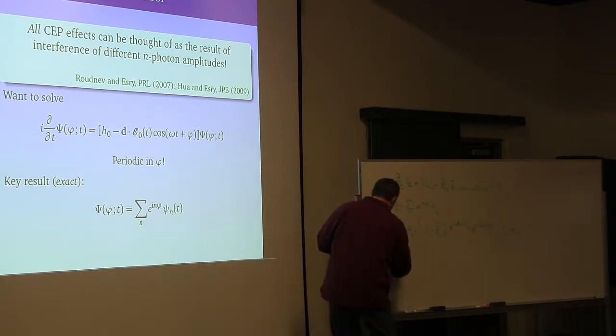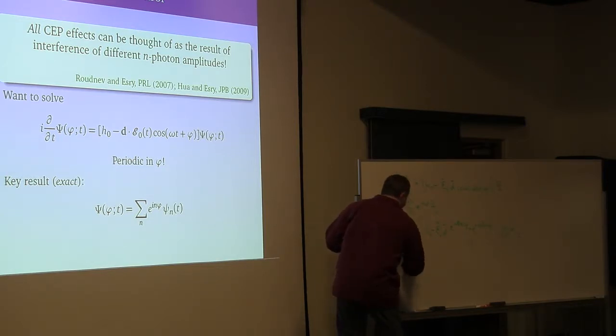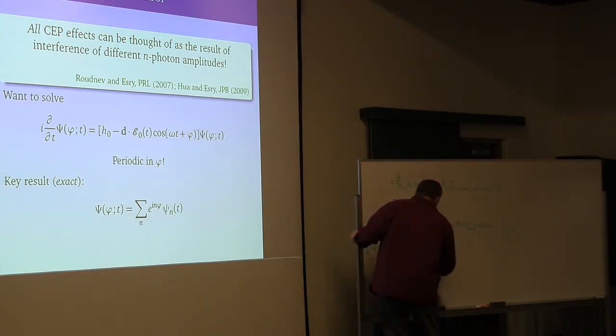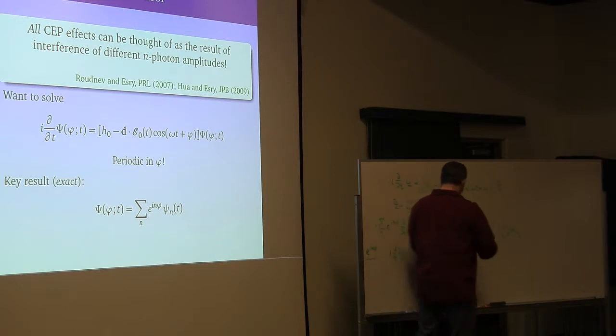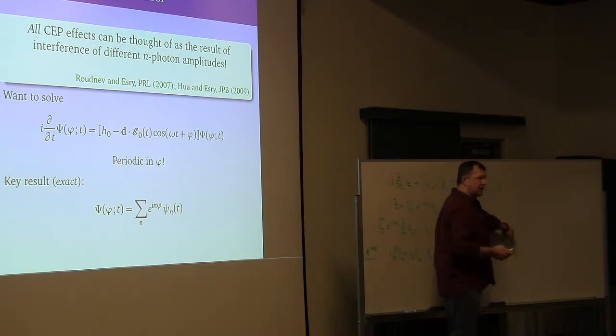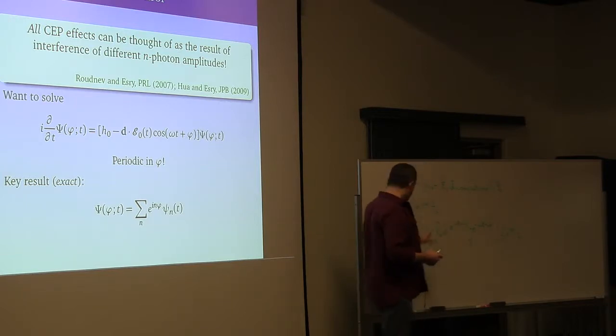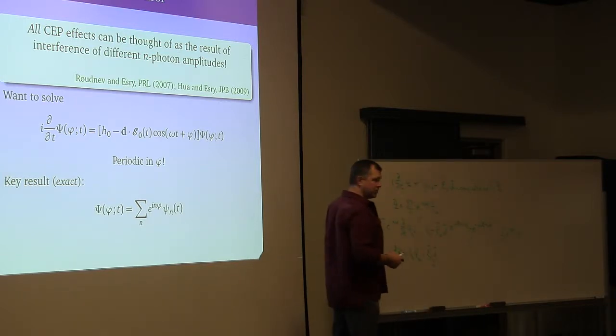Okay? So on the left, we'll have i d/dt psi m, H0 psi m, minus E0 dot d over 2. Now, we have an e to the i phi and an e to the i n phi. So that's e to the i (n plus 1) phi. And n plus 1 better be equal to m.